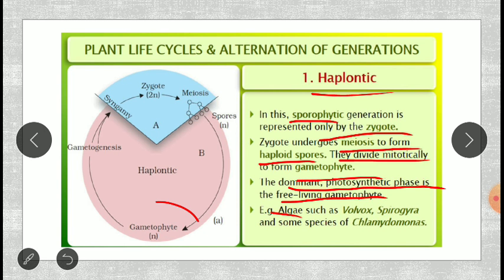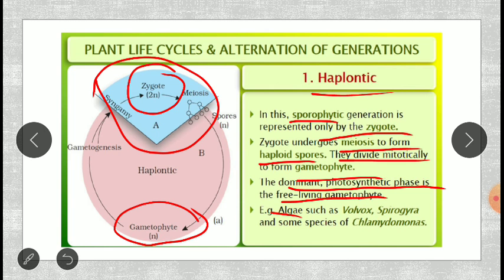So the gametophyte that is going to be there, the male and female are going to be remaining in N condition, haploid condition, and the male and the female are going to be mating or are going to be becoming the zygote, and that duration is going to be only for a little time.